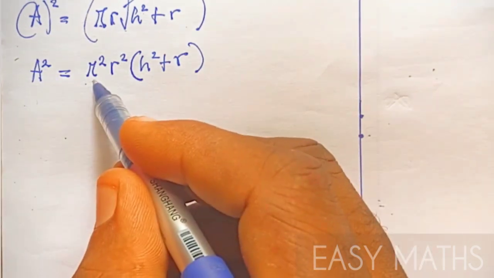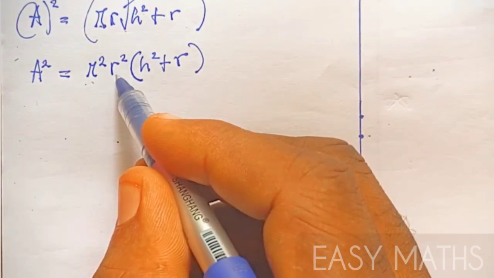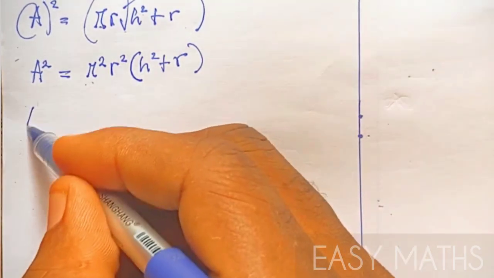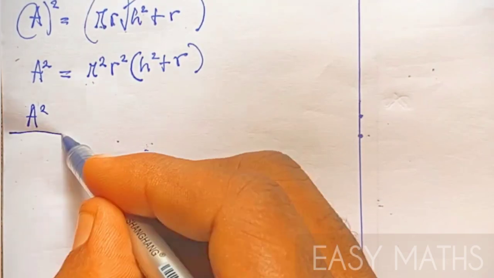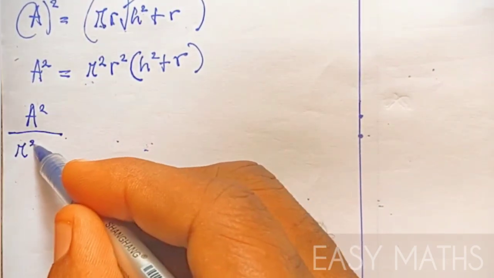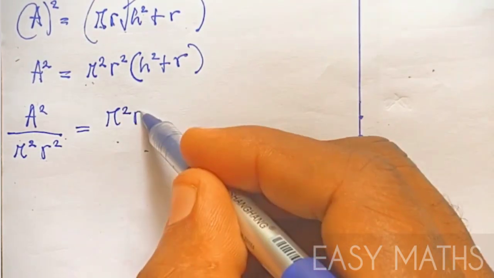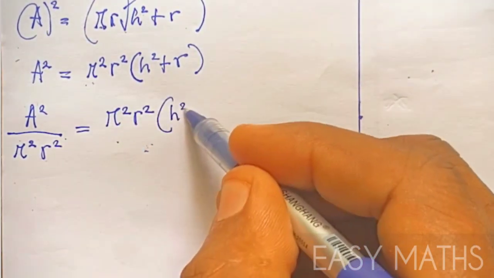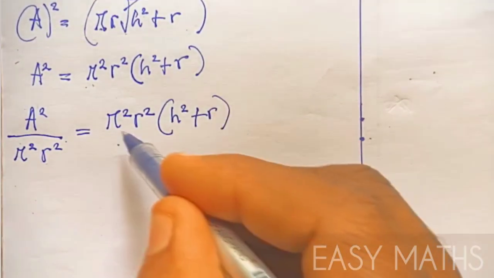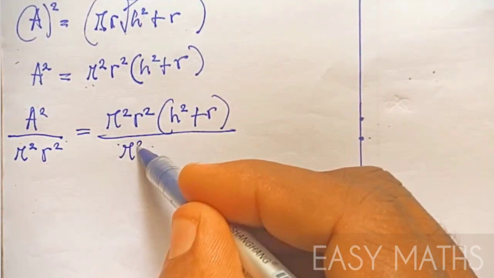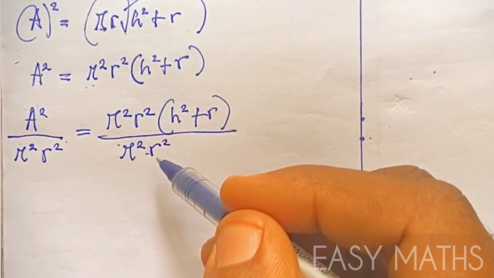So we are going to divide both sides by pi squared r squared. So we are going to have a squared all over pi squared r squared equals to pi squared r squared, bracket h squared plus r, bracket close, all over pi squared r squared.